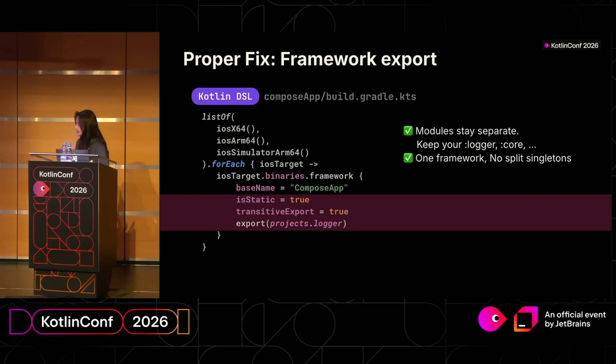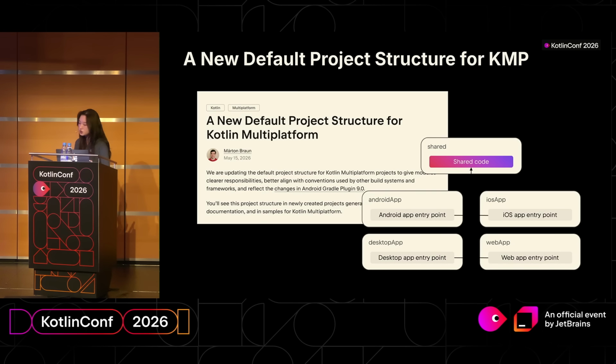But this isn't even the end of the story. JetBrains is also working on something more structural, and that brings us to a very, very relevant update. JetBrains is actively working on a new default project structure for KMP. Martin Brown, a developer advocate at JetBrains, recently posted about replacing the all-in-one ComposeApp module with per-platform app modules and separate shared modules.